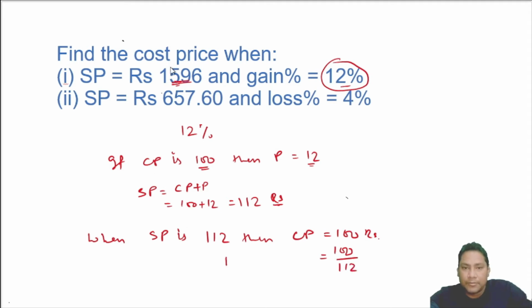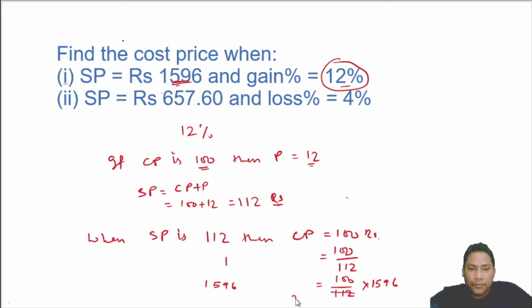So we will have to calculate for the selling price of 1596. Cost price is 100 divided by 112 multiplied by 1596. Now we will simplify this. So friend, we know that if the last two digits are divisible by 4, then the whole number will be divisible by 4. First of all, we will divide it by 4.